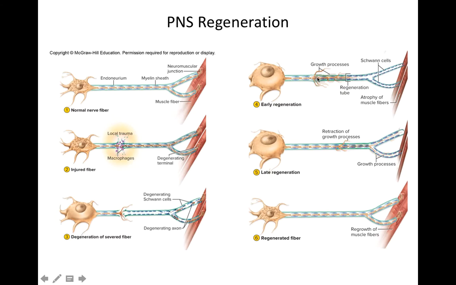If one of those branches actually hits what's called the regeneration tube, okay, the Schwann cells are going to be able to regenerate because they've got a nucleus, they can go through mitosis, and the interactions with releasing growth factors get the actual neuron to grow, and we get into the growth tube here, the regeneration tube, then we can begin to reestablish contact. You can see that the muscle fiber is continuing to atrophy.